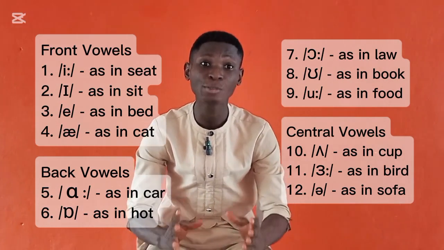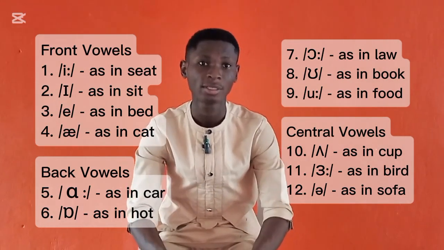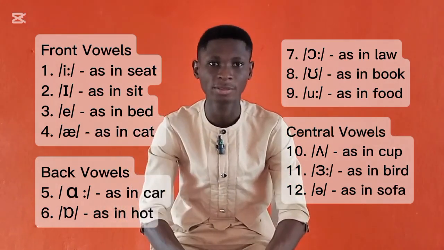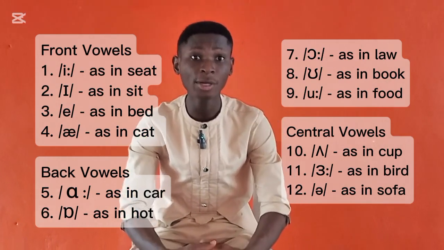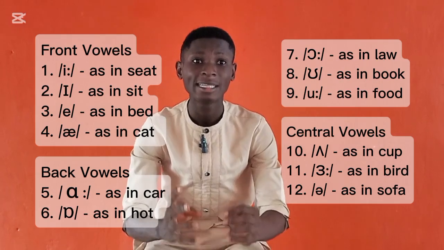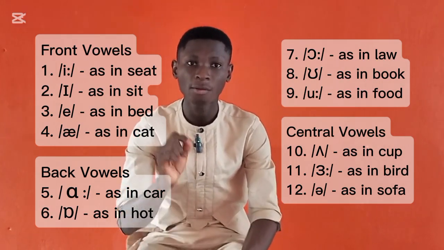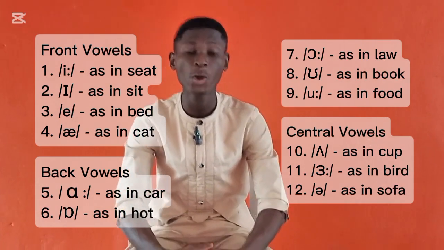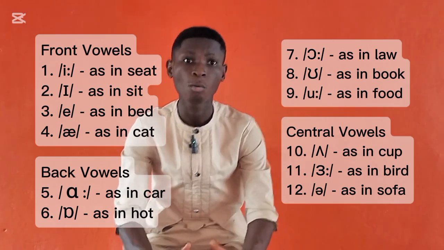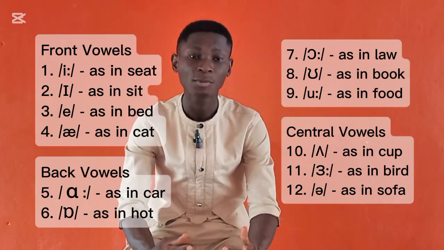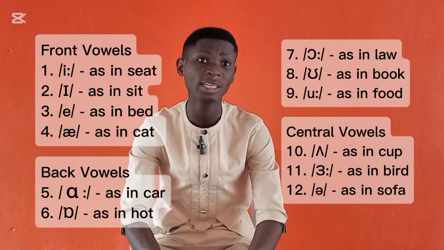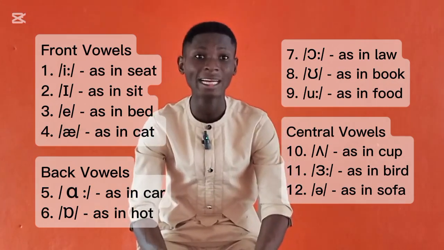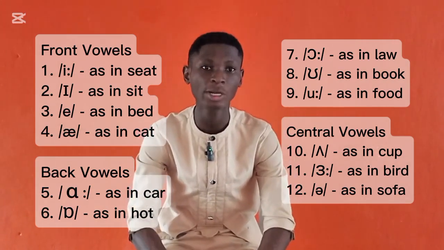So this is how to identify monophthongs. So note the pronunciation of each of these monophthongs. Later on, I will talk about the letters of the alphabet representing each of them. In other words, where we can find them in words, so that while you're reading, while you are pronouncing words, you take cognizance of the letters that represent each of these sounds and articulate the sounds accordingly.